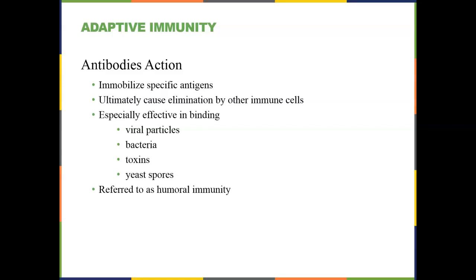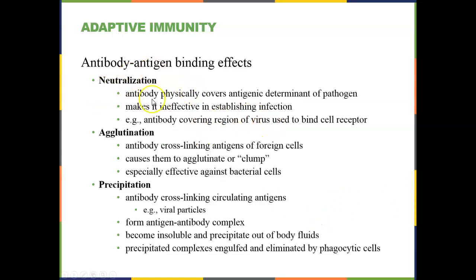And this is termed humoral immunity. So the binding causes neutralization. If you have binding on a virus, then that virus is no longer able to do its job, which then causes the body to be able to recover from a sickness.